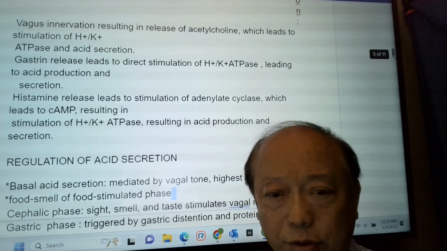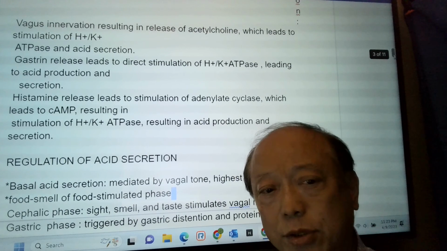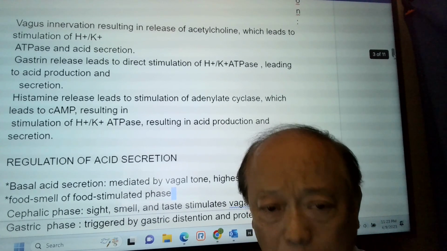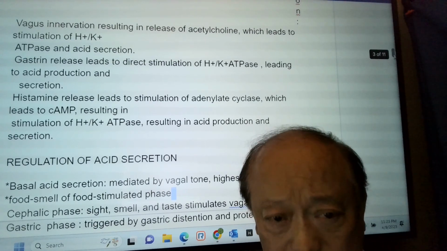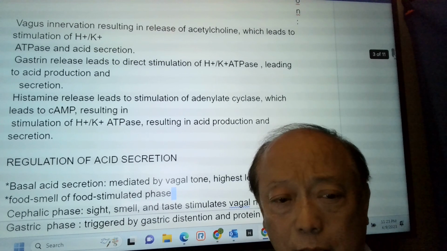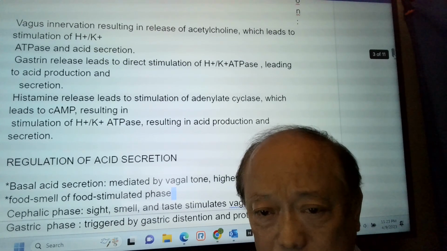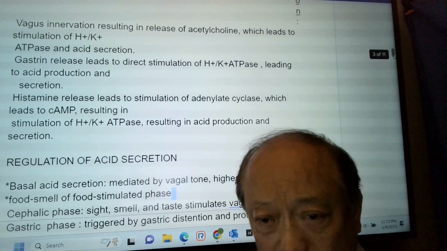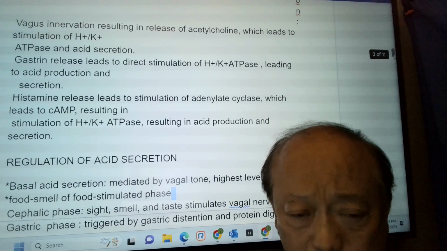Vagus innervation results in release of acetylcholine, which leads to stimulation of the proton pump, the hydrogen potassium ATPase, and acid secretion. Gastrin release leads to direct stimulation of the proton potassium ATPase, leading to acid production and secretion.